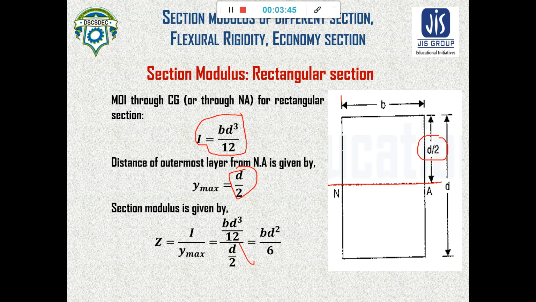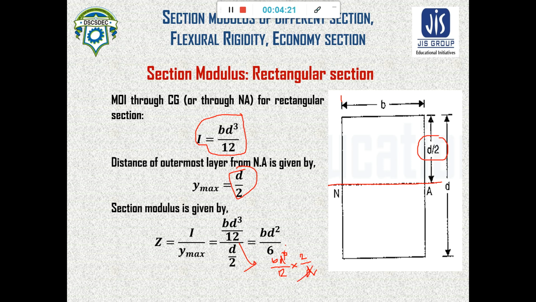If we simplify it, it will be b d cube by 12 into 2 by d. This is very simple division.